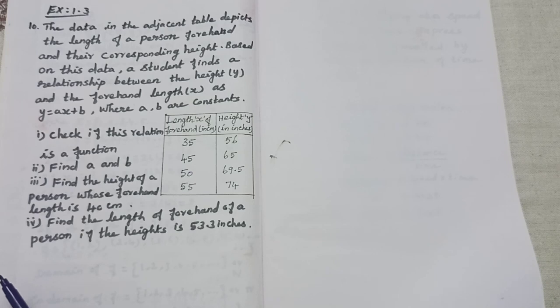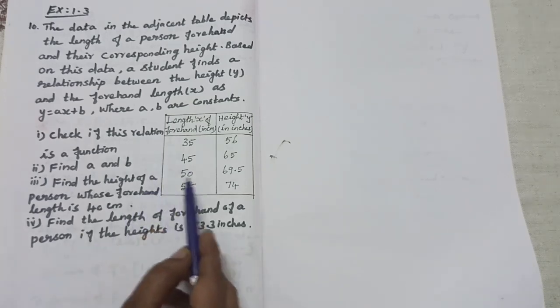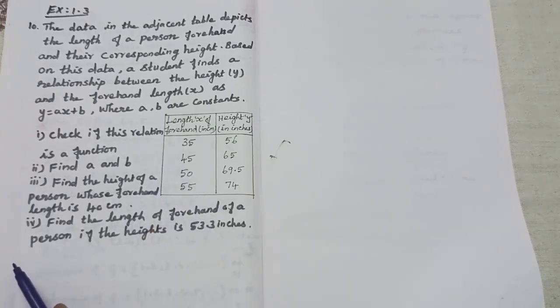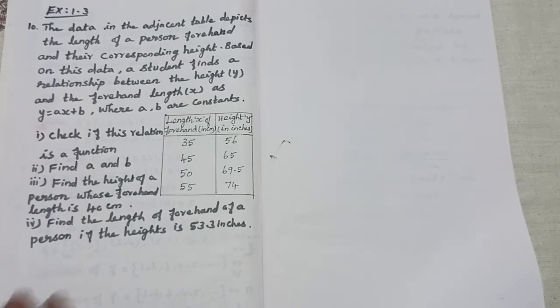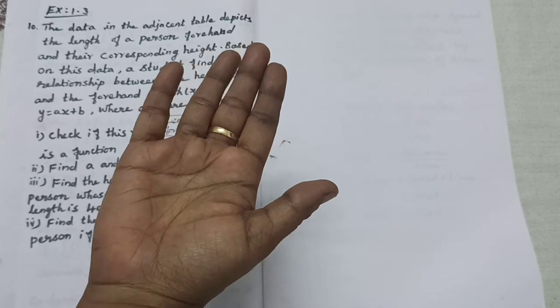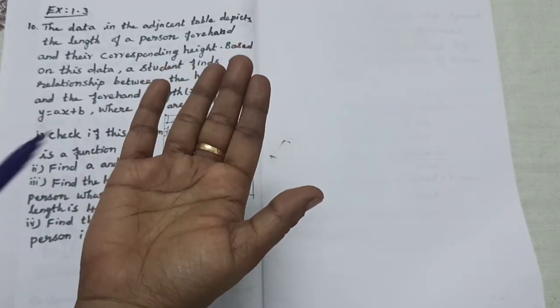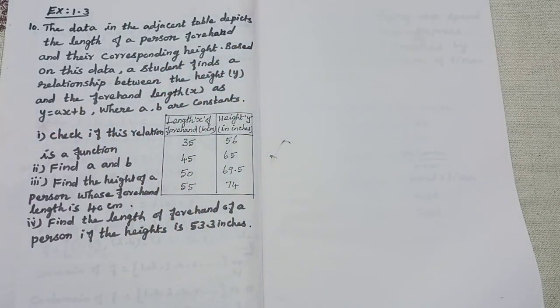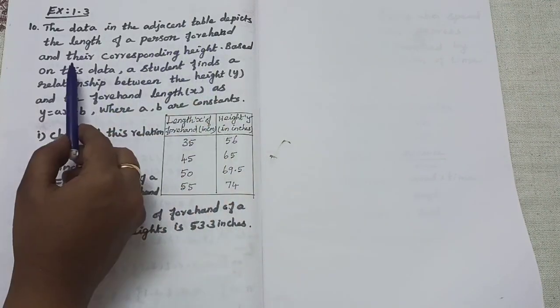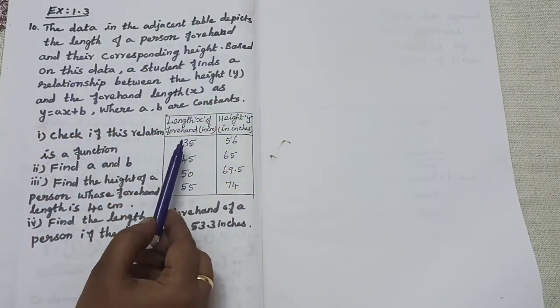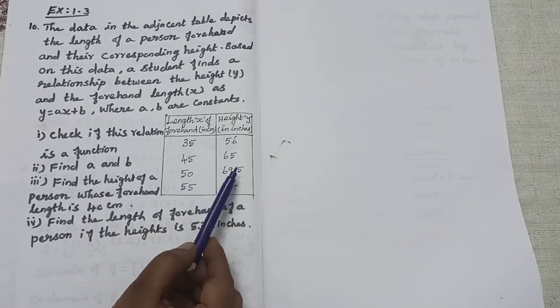Then what is given here? One table is given. Length of a person's forehand. This is the forehand, isn't it? Their corresponding height is given.